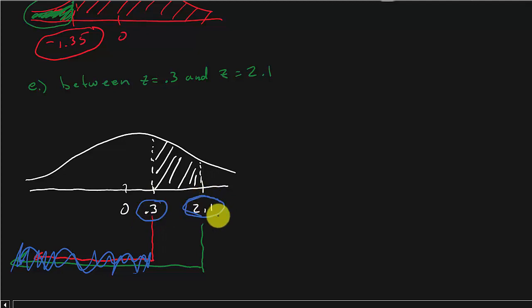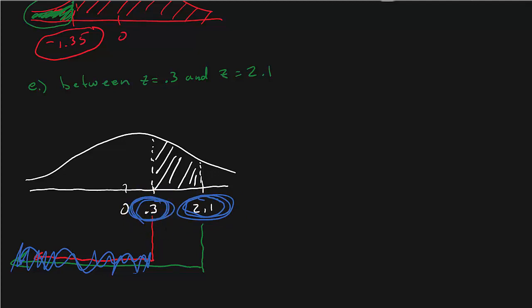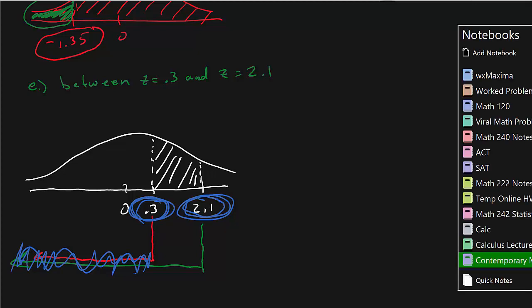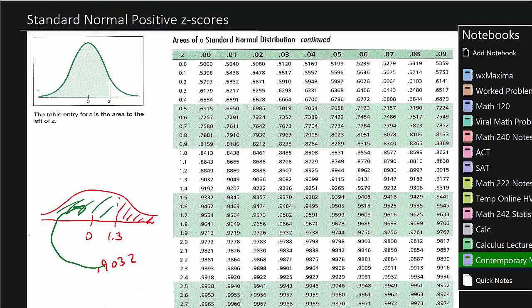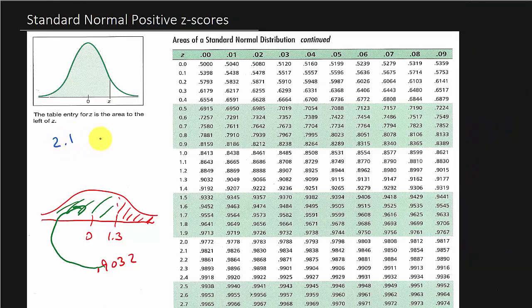So it's the area of this one minus the area of this one. Okay? So we need to look up 2.1 and 0.3.